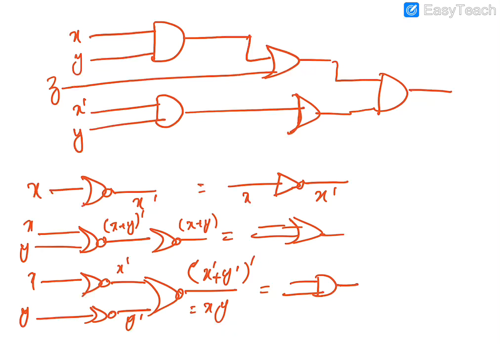Now again we will follow the same procedure. We will replace these gates with their equivalent NOR gates. For AND gate, we have three NOR gates like this.